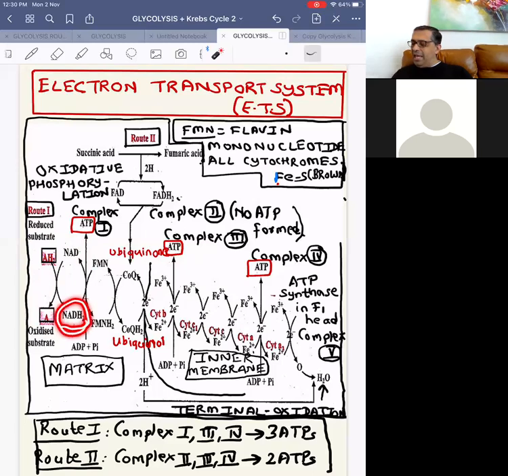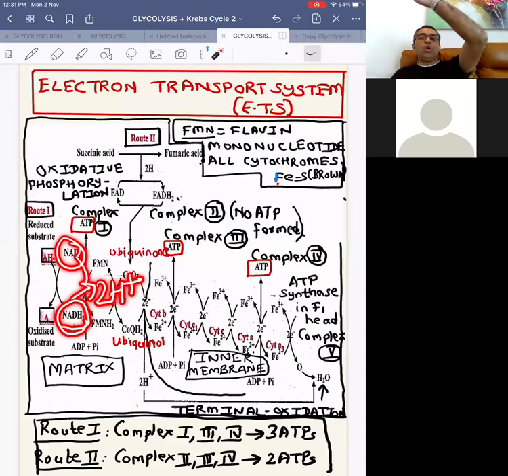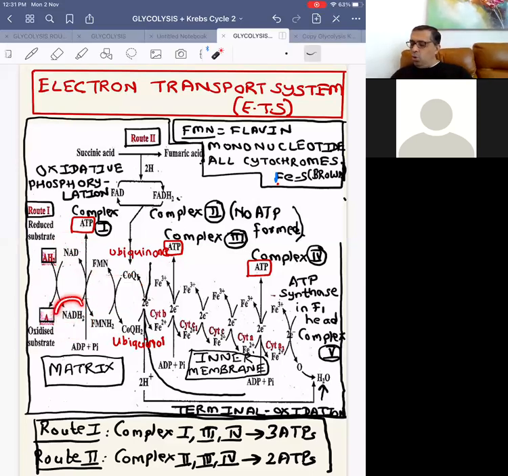NADH2 again gives away hydrogen and gets oxidized back to NAD. What is giving away hydrogen called? Oxidation. So NADH2 by giving away hydrogen gets oxidized back to NAD.